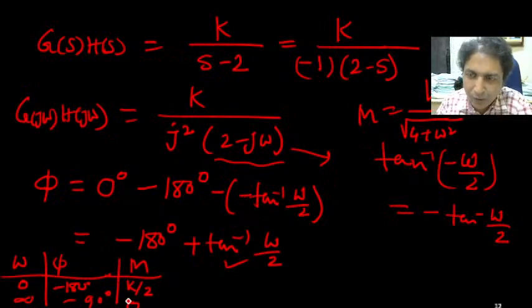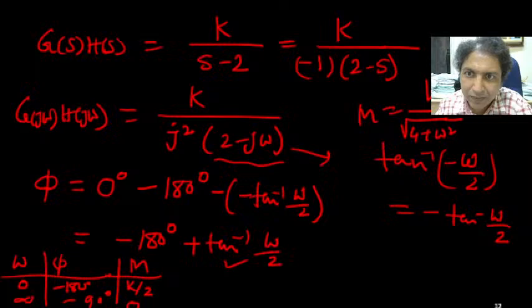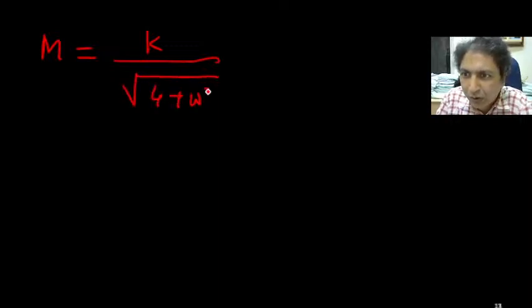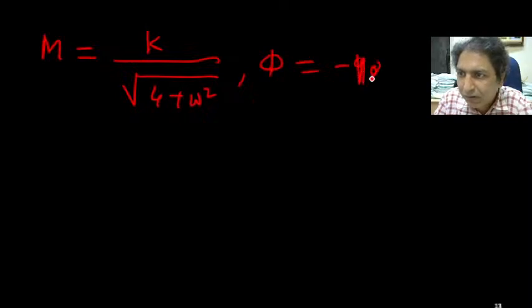Okay, so what is the polar plot? So for this polar plot, you can see that the magnitude I have got is k upon square root of 4 plus omega square, and the phase part we have got is minus 180 degree, sorry, plus tan inverse omega by 2.